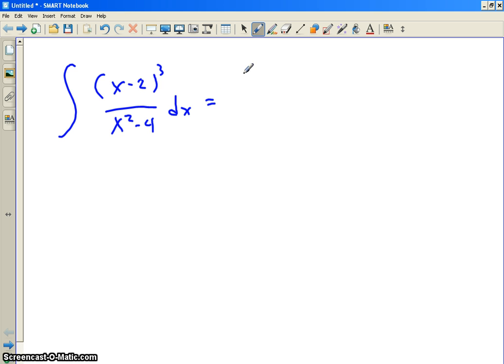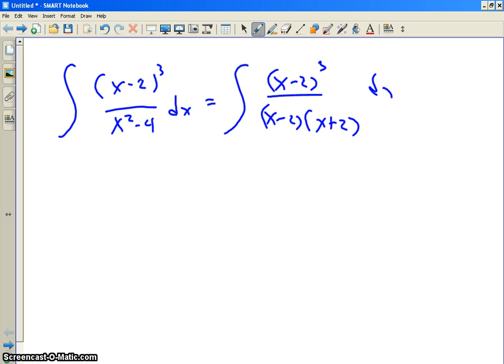How do you factor the denominator? Okay, I'm going to write it out. x minus 2 times x plus 2. All right, so some x minus 2 cancels, and we end up with this. Now, this is the same integrand except at what canceled, x equals 2, right? So this is not valid at x equals 2, but elsewhere we could use this for a definite integral or something. And we get that.